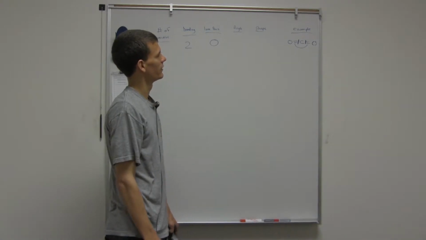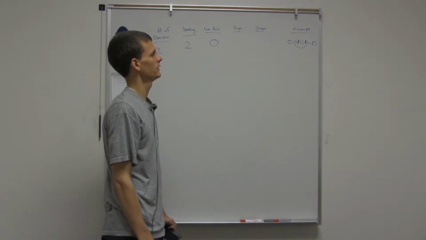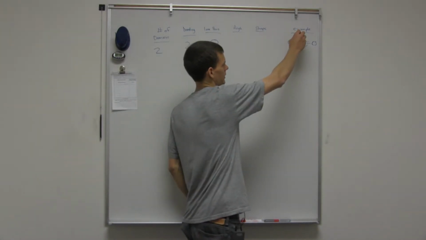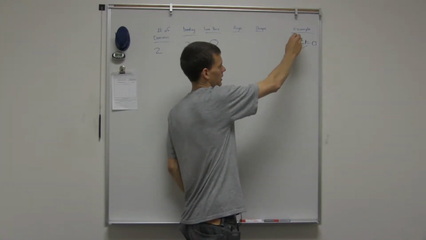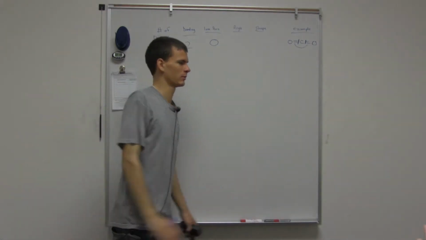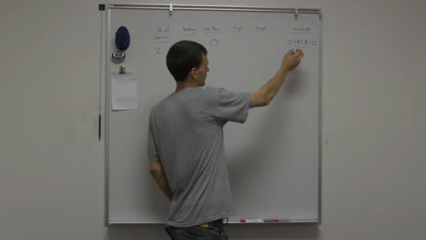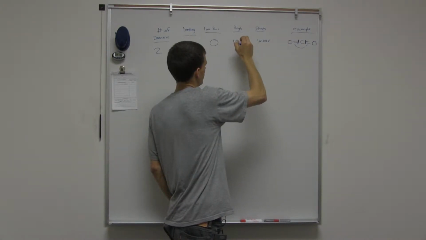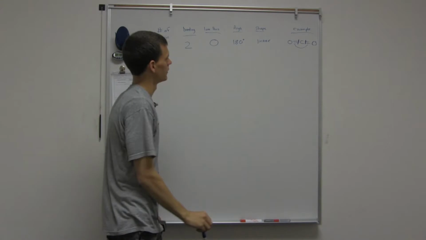You could use the VSEPR theory to figure that out, because those bonds, there's nothing else up here or down here, no lone pairs. So those bonds will position themselves to where they're the furthest apart possible, which is going to be linear. So that's 180. And so the angle is at 180. Okay.